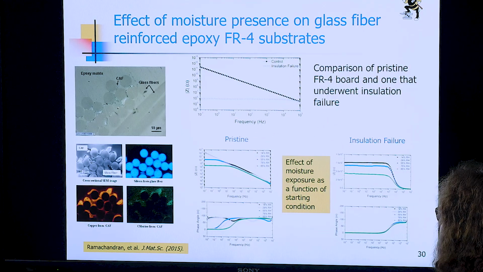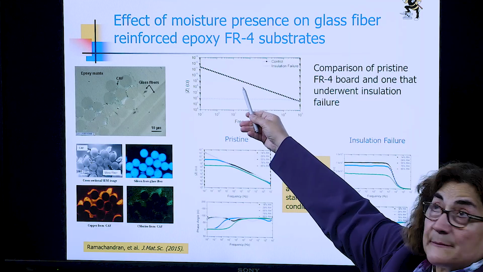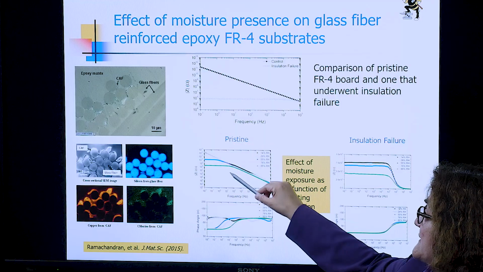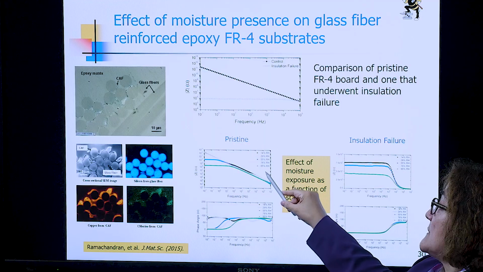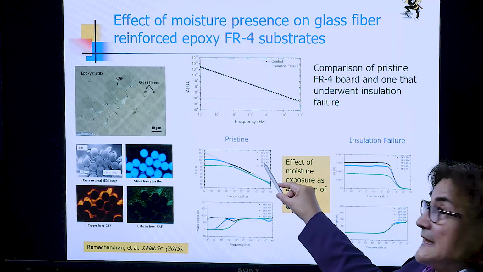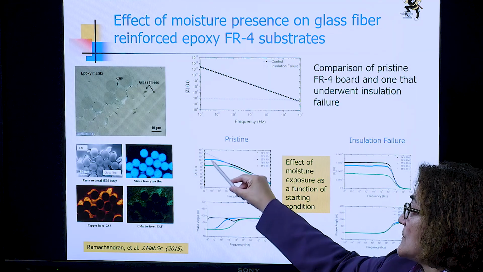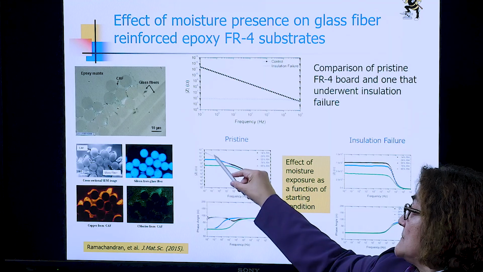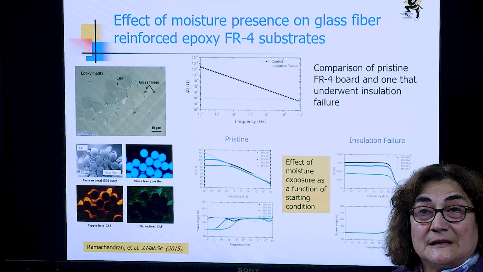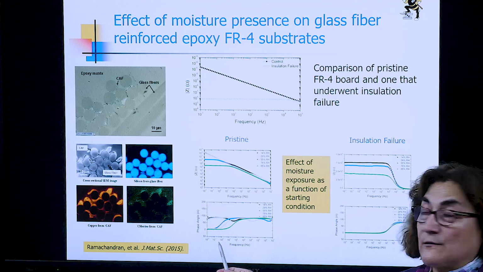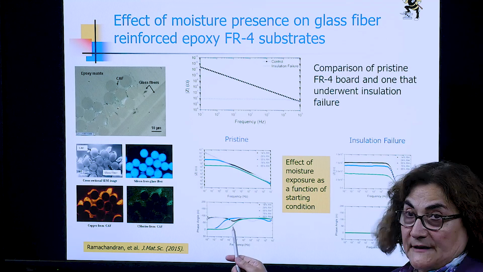So what happens is if you take the pristine material or one that has some minimal surface effect, and then you expose it to different levels of humidity, you are going to be changing the impedance. And at sufficiently high relative humidity, you are going to see several orders of magnitude decrease in the impedance value. And this is, of course, also mirrored by the phase angle, which I don't have enough time to explain right now.